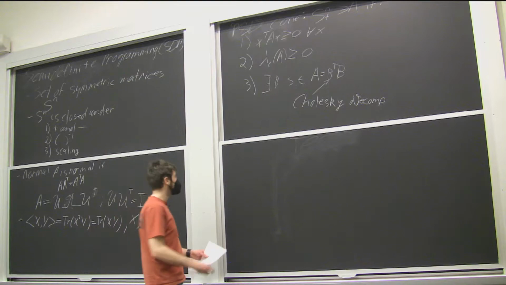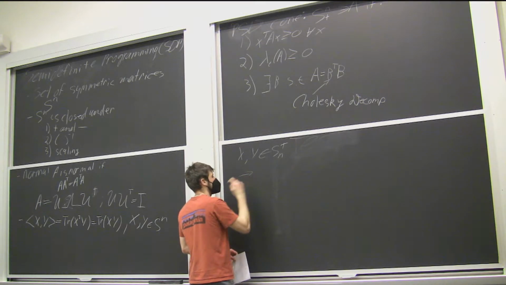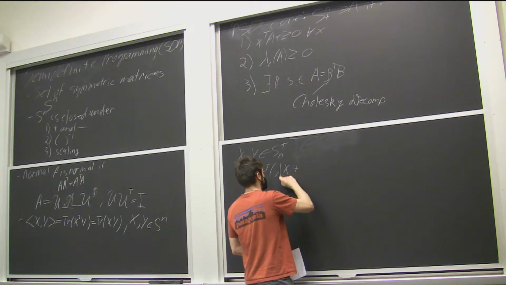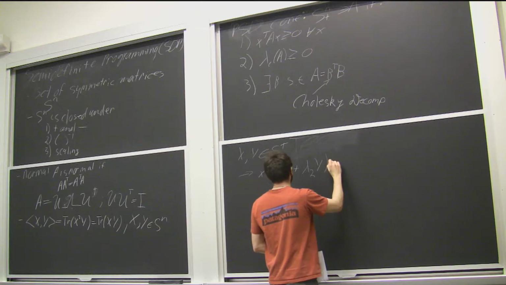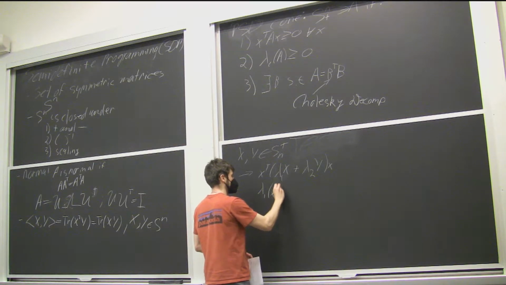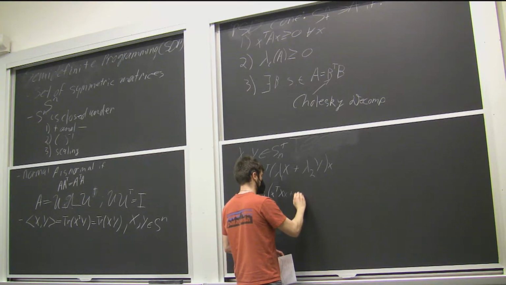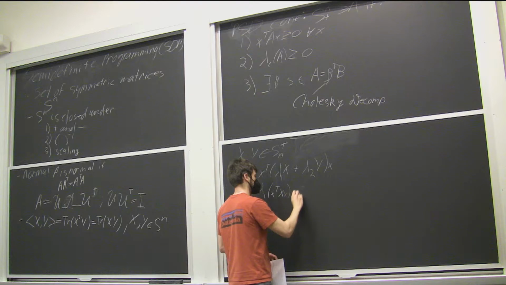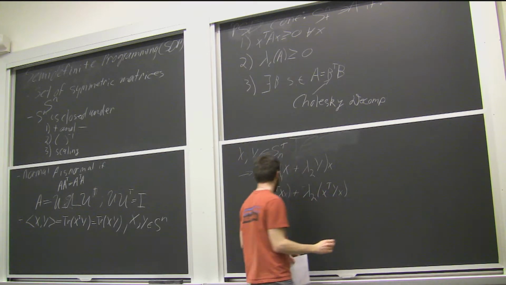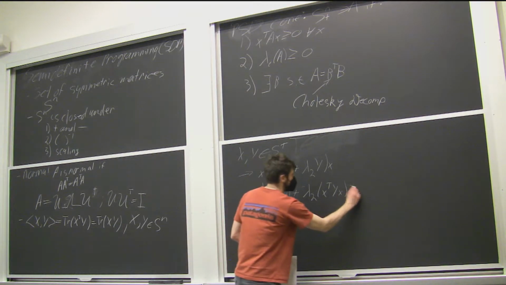If x and y are both in S^n_+, then if I take lambda 1 x plus lambda 2 y, and factor this, this is positive, this is positive, this is positive, this is positive, and so this whole thing is positive.